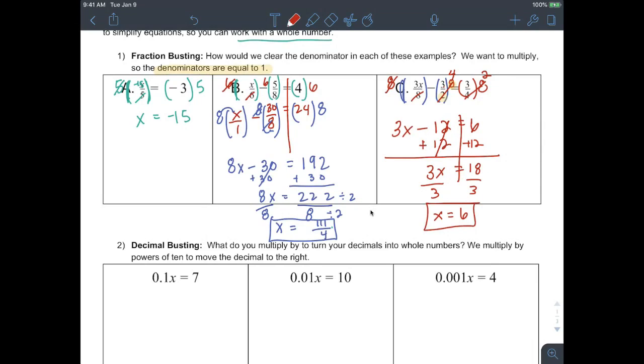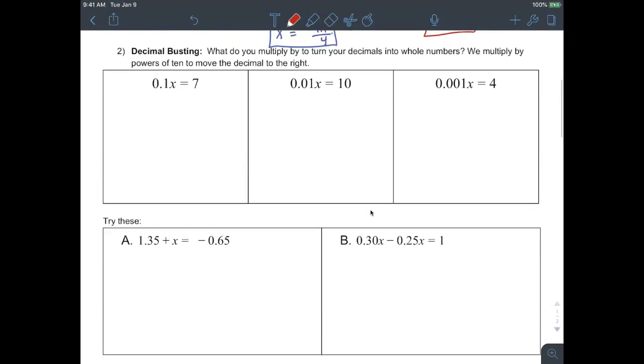All right. So another method that we have is called decimal busting. And this is, of course, when we have decimals. And what we're going to do is try and multiply by a power of 10 so that the decimal moves to the right until you get a whole number. So for the first one here, this is the 1/10 x equals 7.